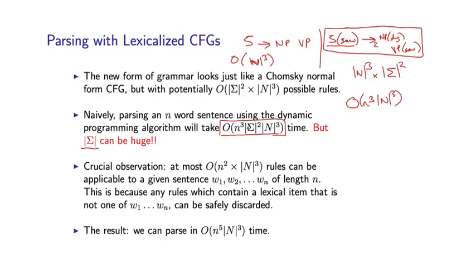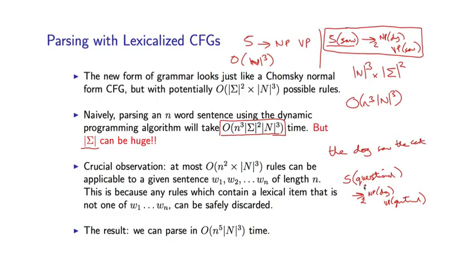But there's a simple observation which gives us at least a plausibly efficient algorithm. If I have a particular sentence, like the dog saw the cat, I can immediately discard rules such as the following: S(questioned) goes to NP(dog) VP(questioned).